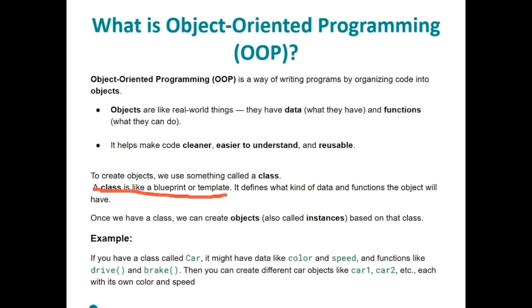These are the features of the car that we place in the class named car. Then you create different car objects. The object helps to use the car class, and then you can create different objects like car one and car two. If you have different cars, you can use the same class for them.